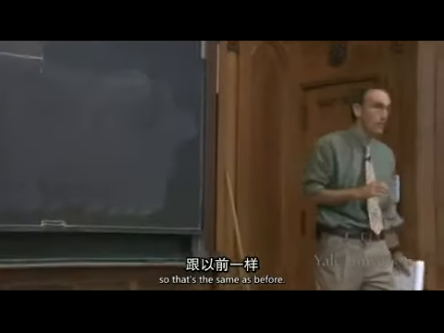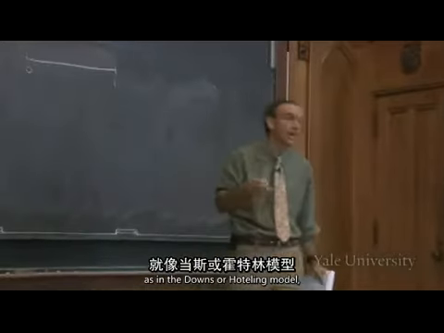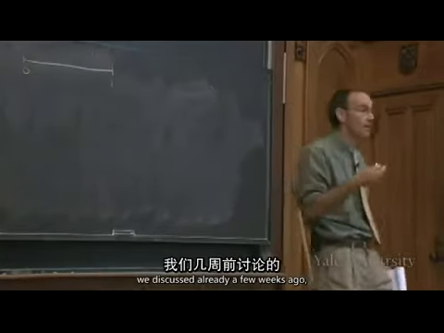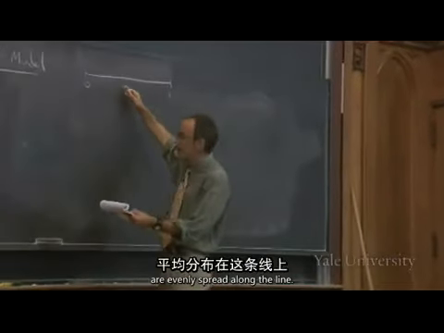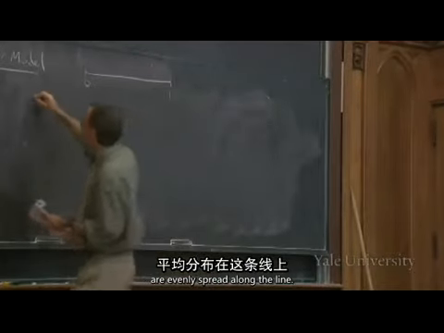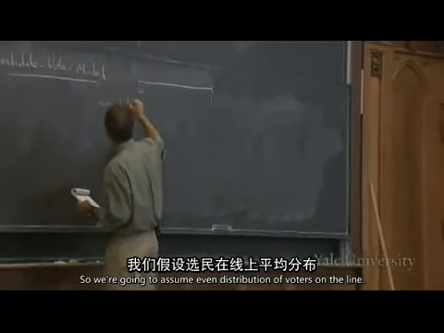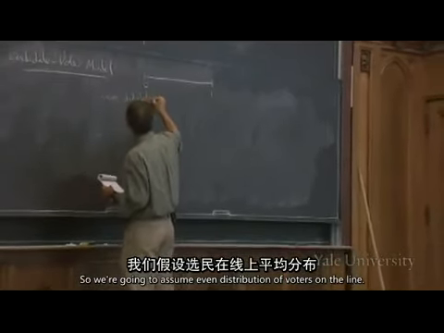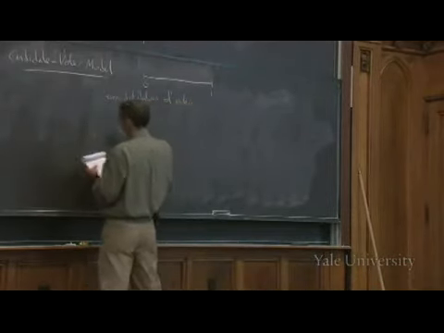So that's the same as before. And as before, as in the Downs or Hotelling model we discussed already a few weeks ago, we're going to assume that voters are evenly spread along the line. All right, so we're going to assume even distribution of voters on the line.